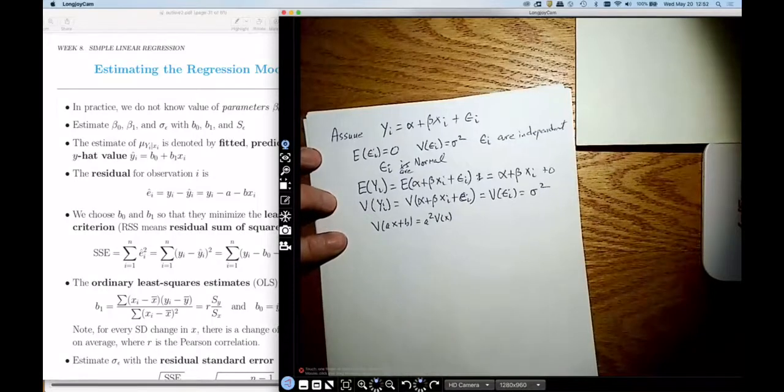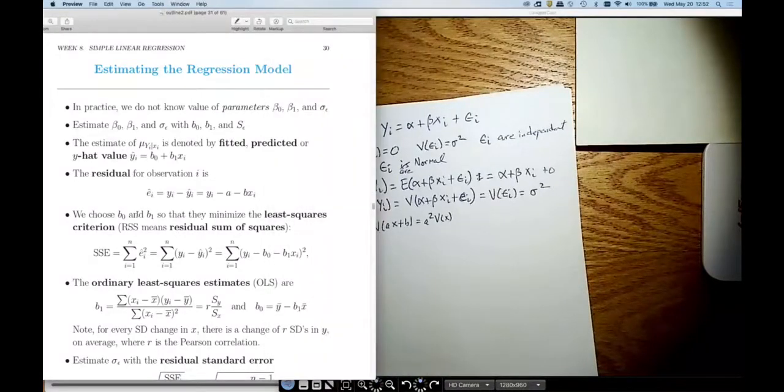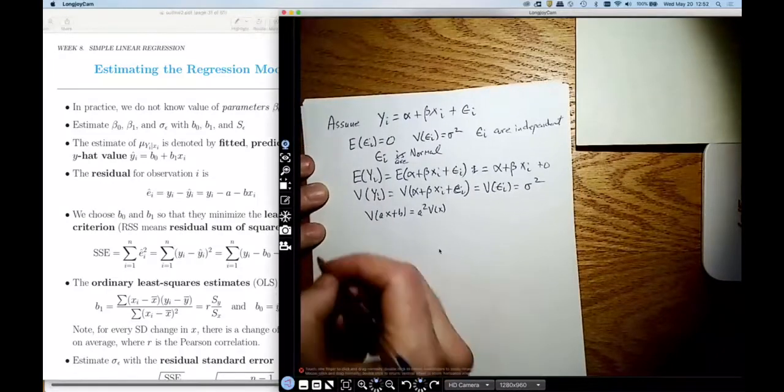So what least squares says is this. We're going to choose our estimate of the slope and intercept to minimize this least squares criterion. So let me write that down.